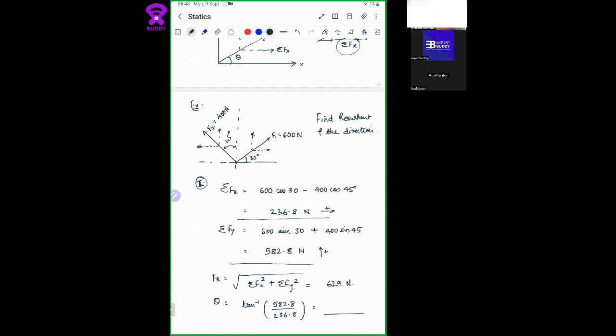Yeah, it should be 67.88 degrees. Yeah, you're right.